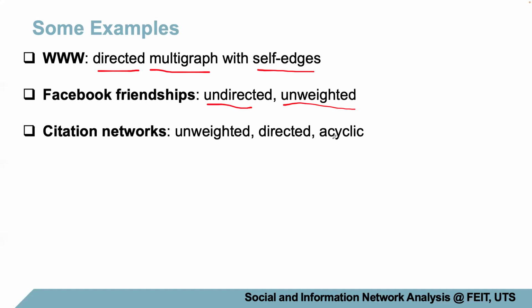We will introduce this later, but simply put, because in a citation network we have a time sequence, a paper cannot cite a paper that is published after it. They can only go forward. So there's a direction, and definitely no cycle in the network.